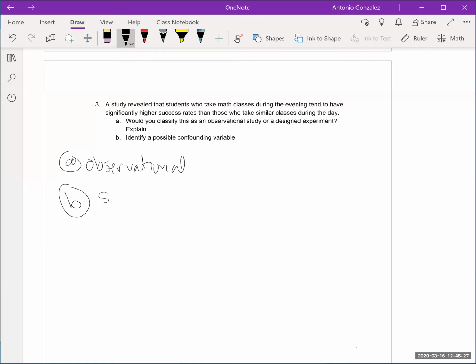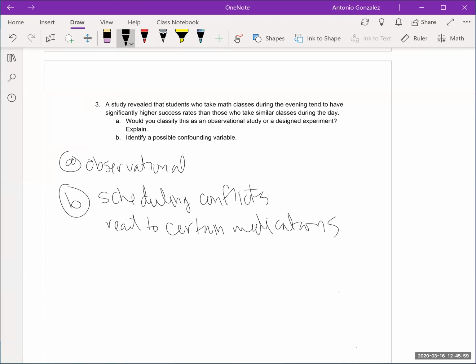Okay, so scheduling conflicts. All right. What about if some of these classes were, maybe some kind of reaction to certain medications.